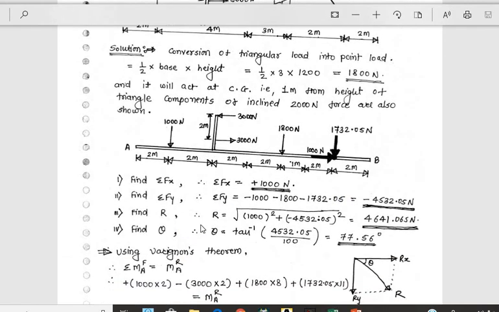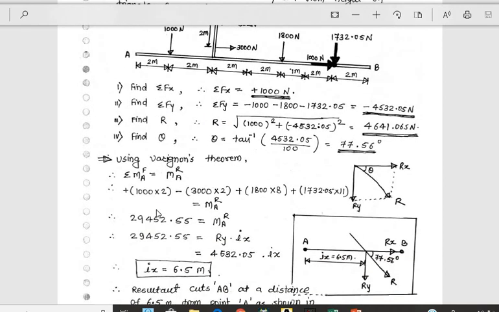Okay, R is equal to square root of 1000 square plus 4532 square, 4641.065. Now its direction theta is equal to tan inverse of Fy by Fx, that is 4532.0 divided by 1000. It comes out to be 77.56 degree.